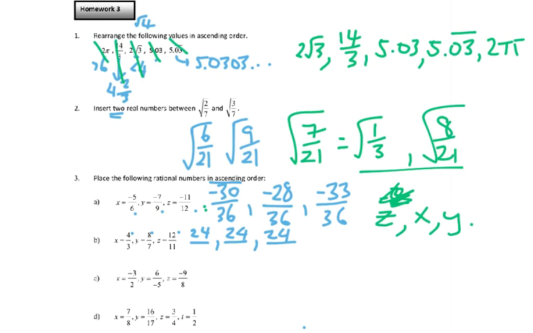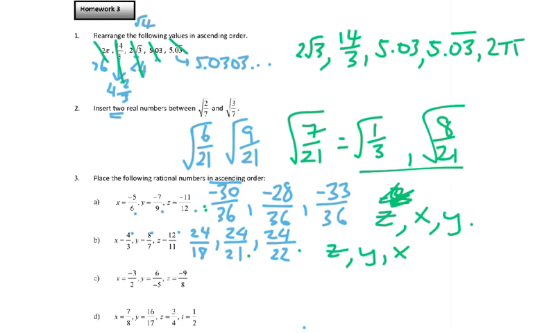So for the first fraction, we're multiplying numerator and denominator by 6, so that's 18. From 8 to 24, it's multiplying by 3. From 12 to 24, it's doubling. So to see which one's the smallest, it's going to have the biggest denominator. So we can see the last one is the smallest. So the order will be Z. The next biggest is Y, and then the largest number there will be X.